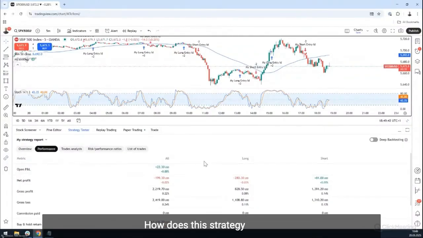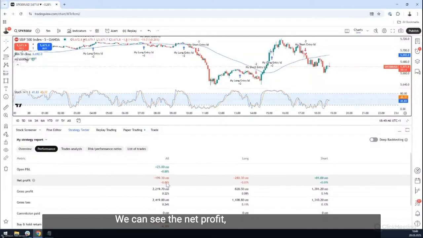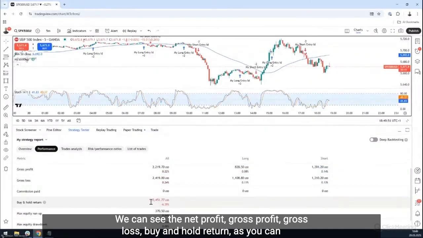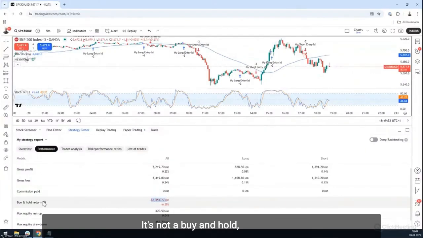And this is information for us and the performance. How does the strategy work? We can see the open profit and loss. We can see the net profit, gross loss, buy and hold return. As you can see, it's not a buy and hold strategy, it's quite the opposite.